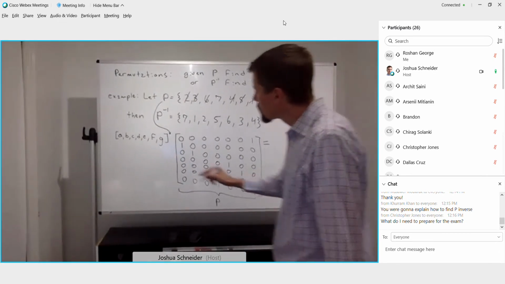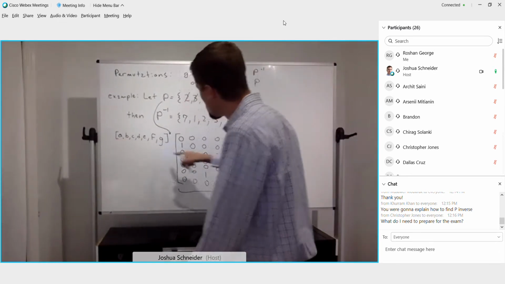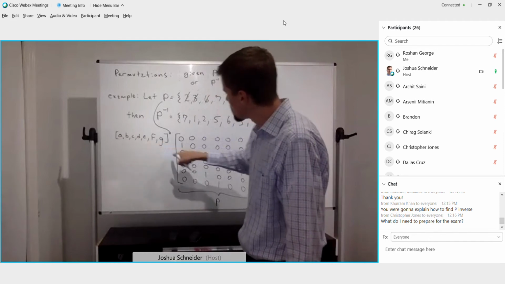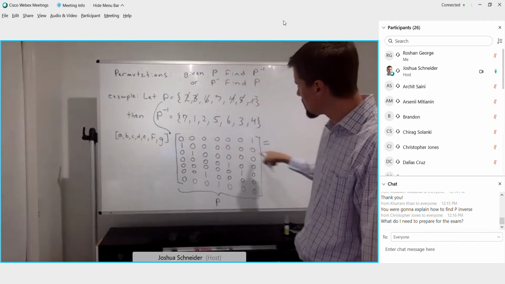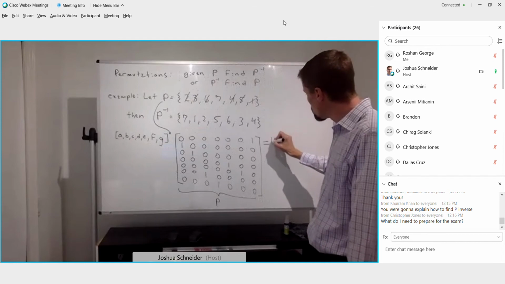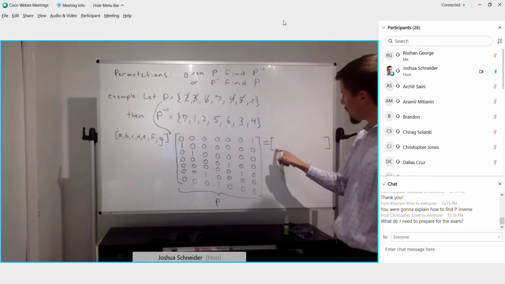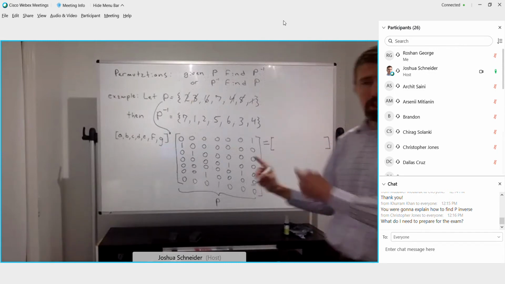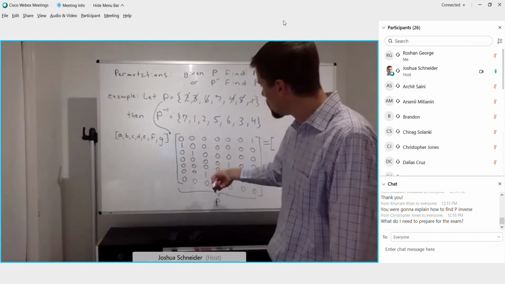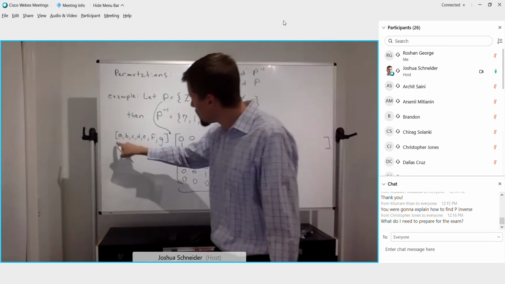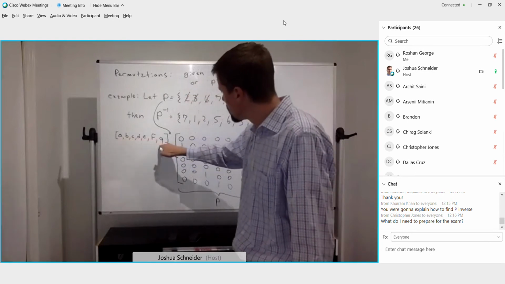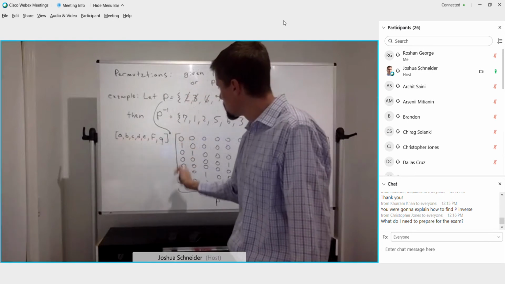So going through, what are we going to do? Well, this is a 1 by 7 matrix, and we're multiplying it by a 7 by 7 matrix. So this is going to produce a 1 by 7 matrix result. Okay, so we're going to have the same list, but the elements are going to be permuted according to the permutation matrix, right? So now we line up the rows with the columns, right?